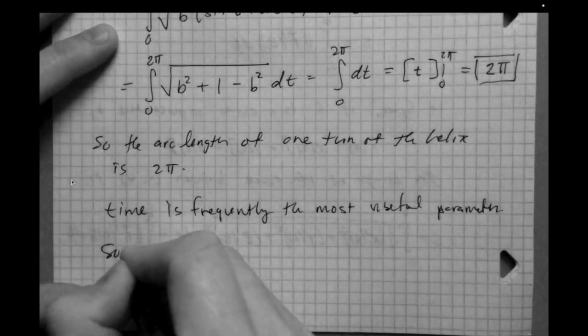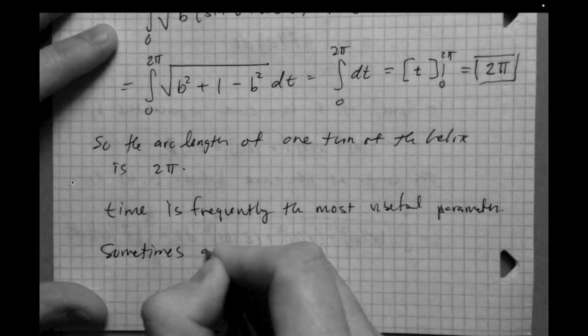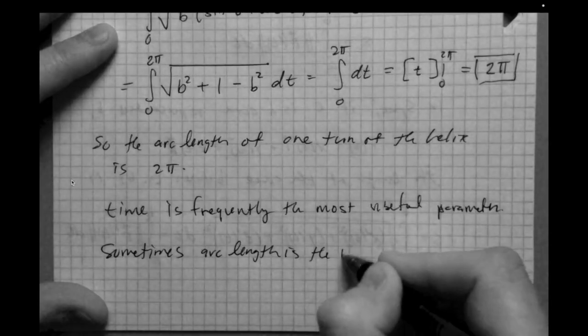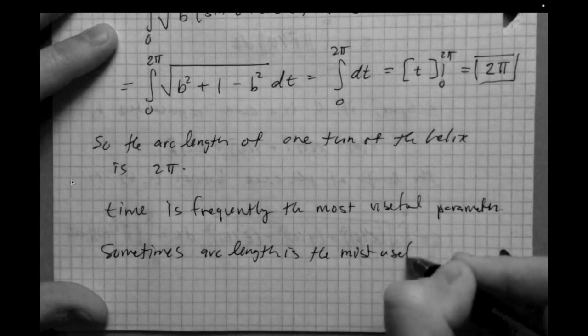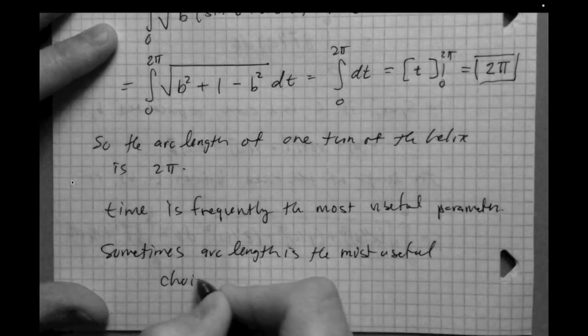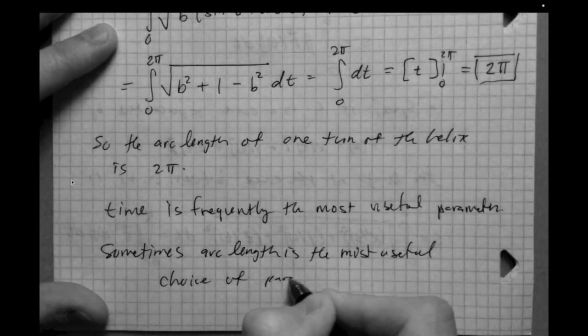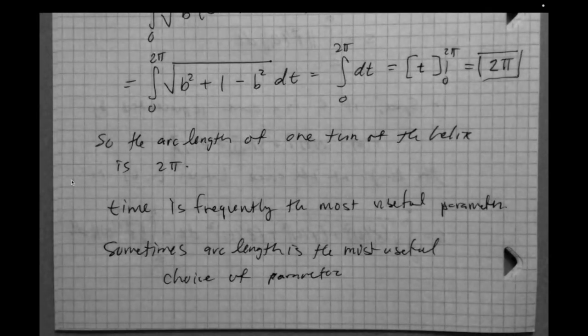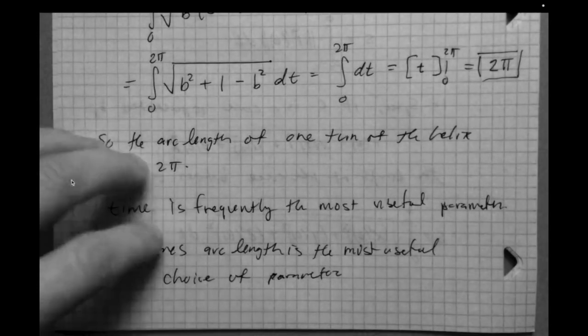So sometimes arc length is the most useful choice of parameter. Okay, and so in those instances, what we need to talk about is something called the arc length function, right? So how would arc length as a parameter work when we're describing a function? That's what the next definition is all about.